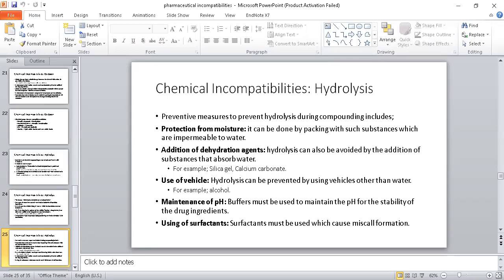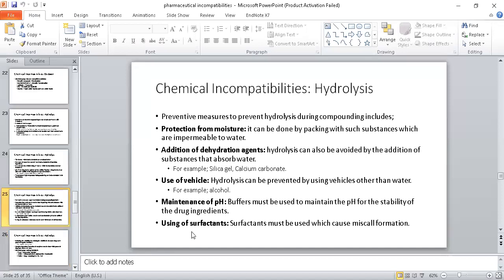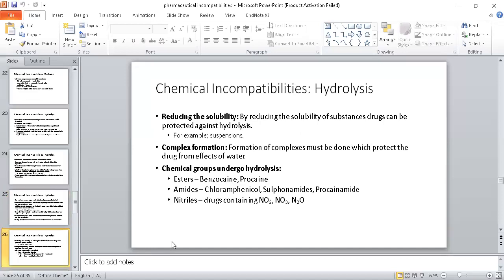Maintenance of pH: buffers must be used to maintain the pH for the stability of the drug ingredients. Surfactants must be used, which cause micelle formation. By reducing the solubility of substances, the drug can be protected against hydrolysis. Complex formation: complexes must be formed which protect the drug from the effect of water.